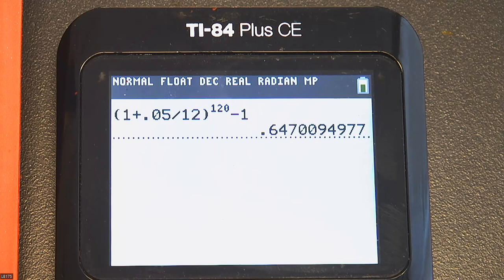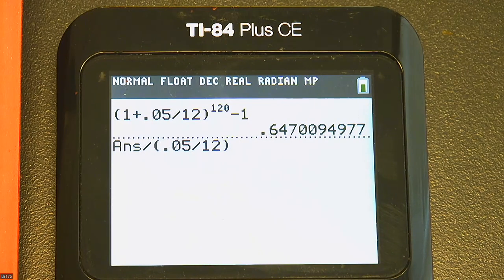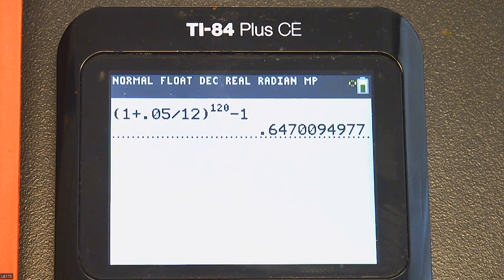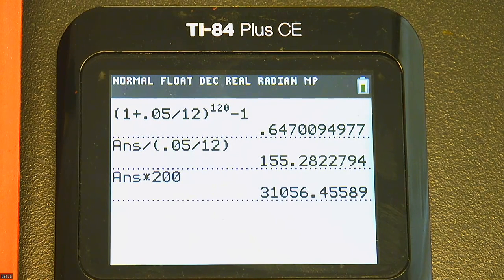What you can do is take this answer, and if you just hit the divide button, you can divide by 0.05 over 12. Now, because that 0.05 over 12 is a fraction in the denominator, I have to put parentheses around the 0.05 over 12, or else it'll miscalculate. And then after, I multiply by 200.